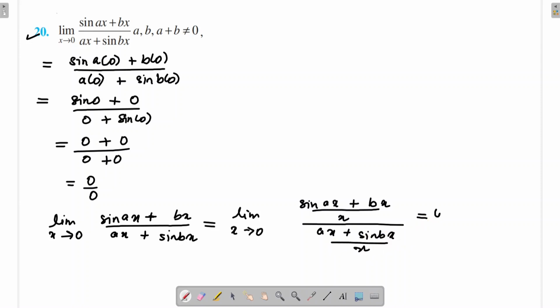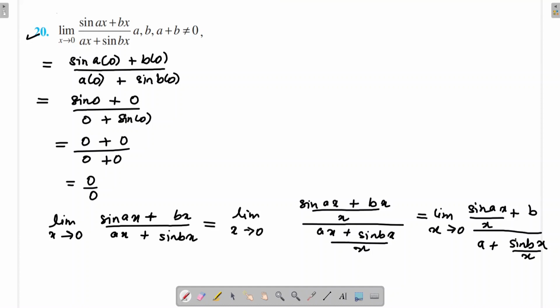So what you will get, this is nothing but limit x tends to 0 sin ax divided by x plus b multiplied by x divided by x, that will be b, then divided by ax divided by x will be a plus sin bx divided by x.